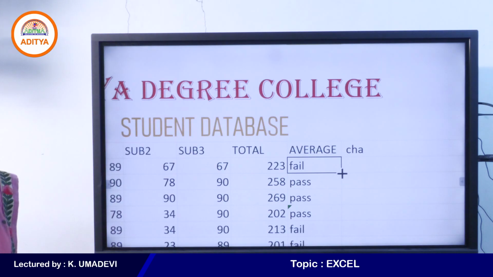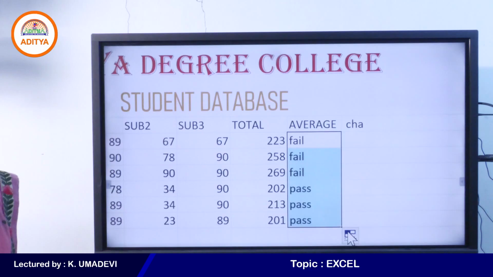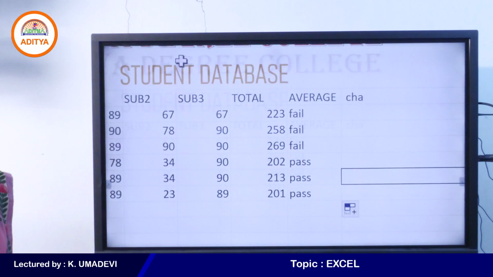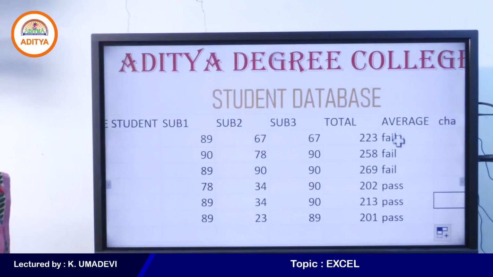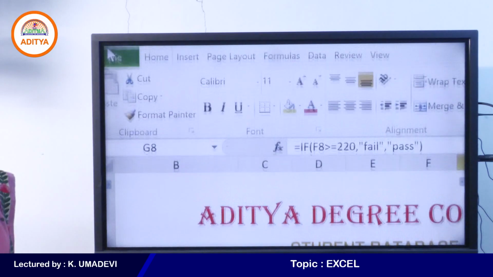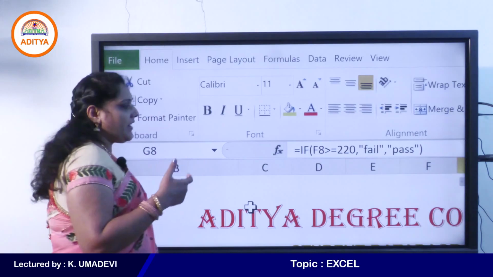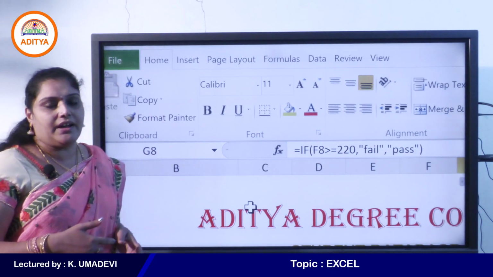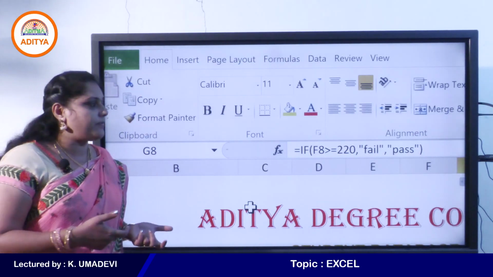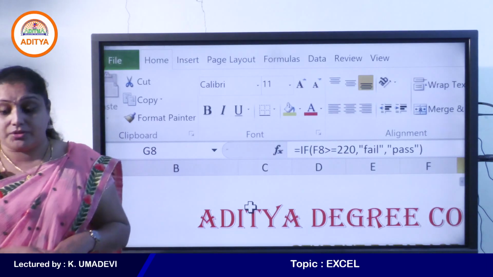I'll just copy the formula. So that means you can enter your own text instead of true and false. So as per our requirement, we can enter the particular value instead of true and the particular value instead of false. So not only text, okay.